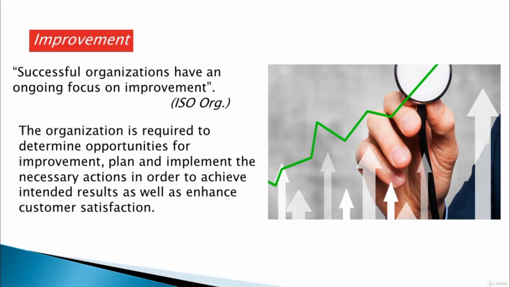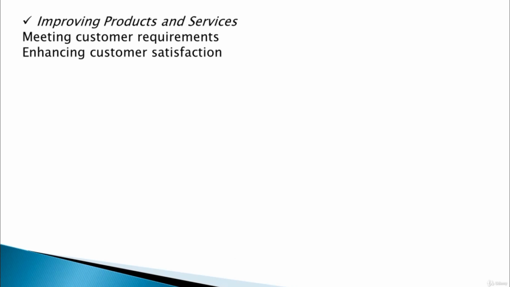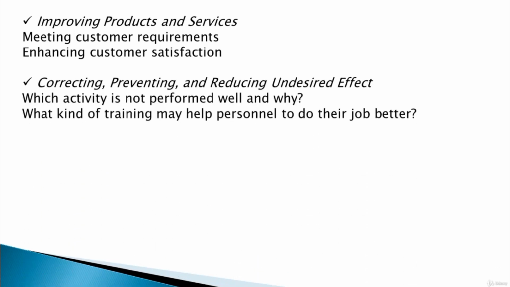Now, improvement comes in different forms. We can talk about improving products and services in order to meet customer requirements and enhance customer satisfaction. We could also talk about correcting, preventing, and reducing undesired effects. Sometimes the lack of qualification in a workplace may lead to non-conformity, so you need to ask which activity is not performed well and why, and what kind of training may help personnel, which means the employees, to do their job better.